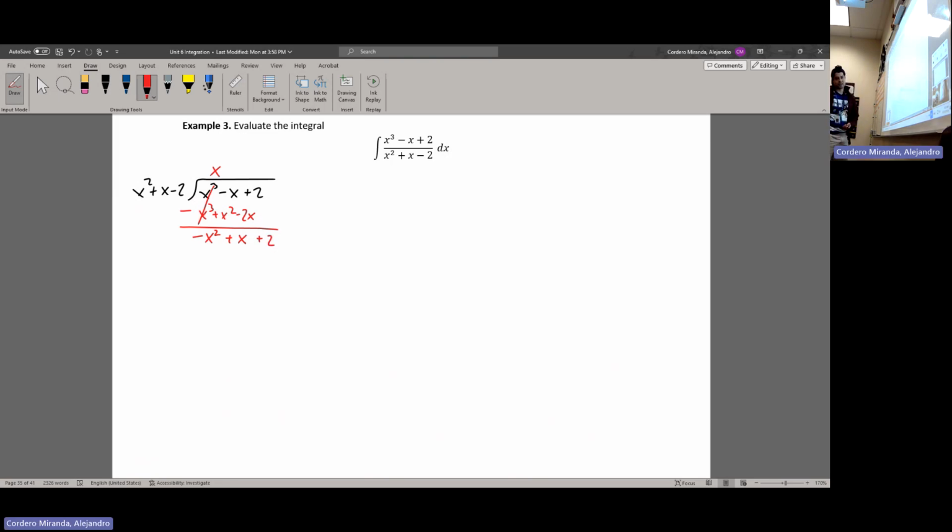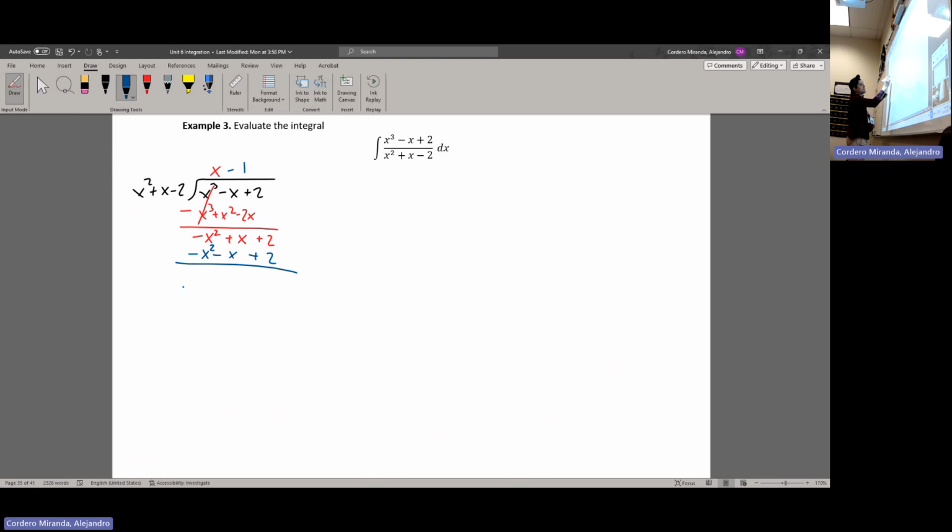All right, okay. Now you check again, check the leading terms, and you do x squared times what would give me negative x squared. So of course that would be negative 1. Multiply this polynomial by negative 1 and subtract that off. So that would be negative x squared minus x plus 2.